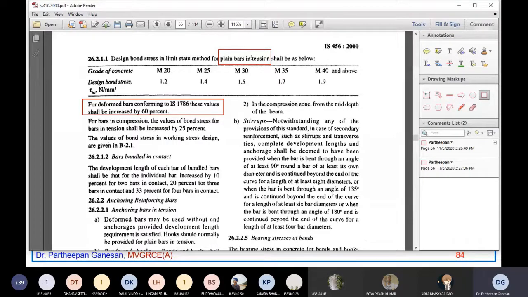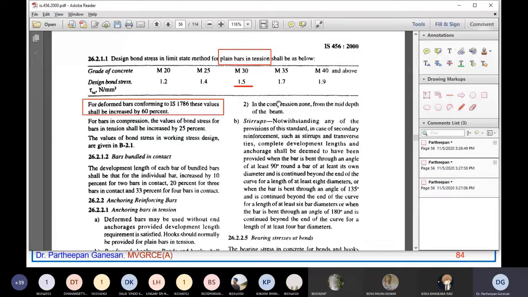Now if you have Fe 415 steel, for deformed bars conforming to IS 1786, these values shall be increased by 60%. Shall be increased by 60% means, for example, suppose for M30 grade and Fe 415 steel, what is the value of tau BD? Anyone?